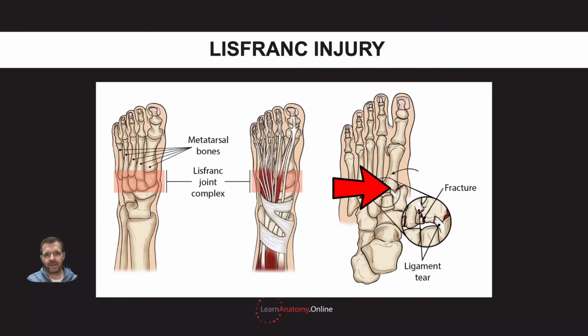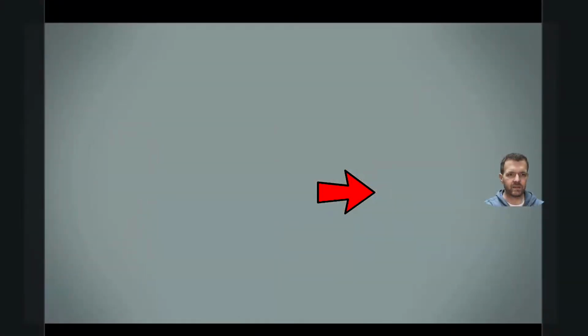So we've got ligamentous injuries in this dorsal region, but it can be fractured as well. You get an avulsion fracture in that midfoot, so again, something to look out for in that region. Let's have a look at this. Here are the dorsal ligaments.